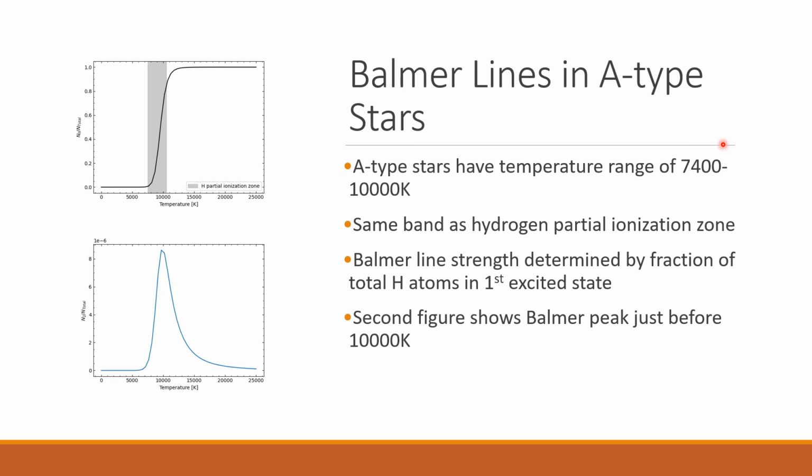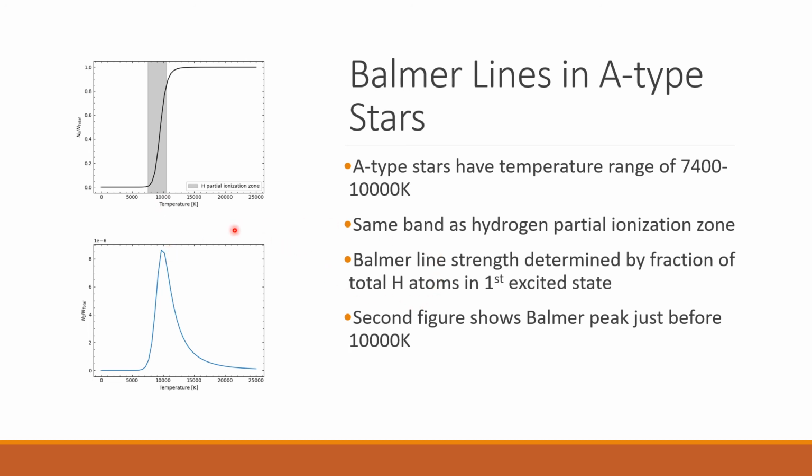Because A-type stars are in the 7400 to 10,000 band, they're nicely suited to get the Balmer lines. Also note that the highest fraction of Balmer lines occurs, we can see from this plot, at about 9900 Kelvin. Again, nicely within the range of our A-type stars.